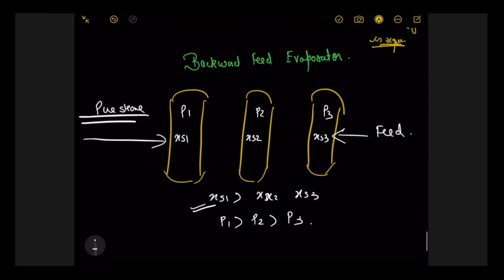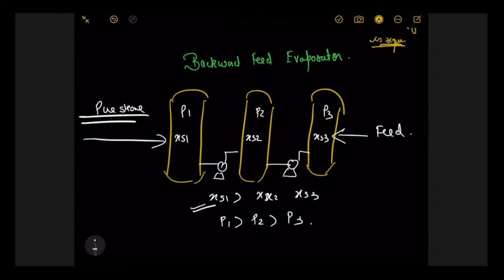Now what is happening here? If P1 is greater than P2 is greater than P3, for the feed you are moving from lower pressure to higher pressure. So this can't be possible. That is why, for the movement of the solution, you need a pump here. That pump will take care of the movement.